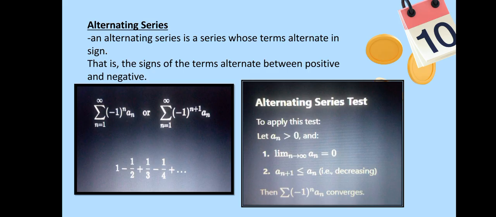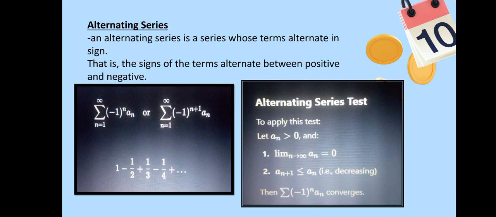Let a sub n be greater than 0, and the limit as n approaches infinity of a sub n equals 0, and a sub n plus 1 is less than or equal to a sub n. So it is decreasing, then the summation of negative 1 raised to n times a sub n converges.